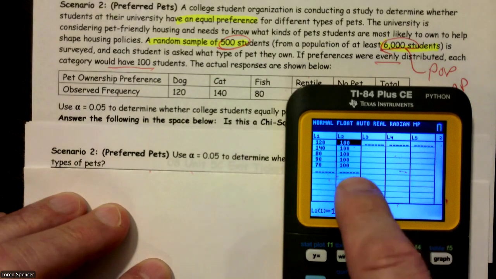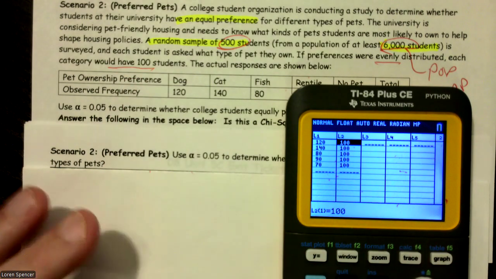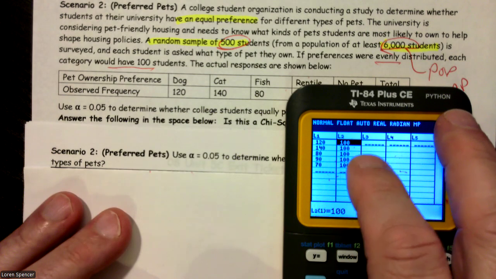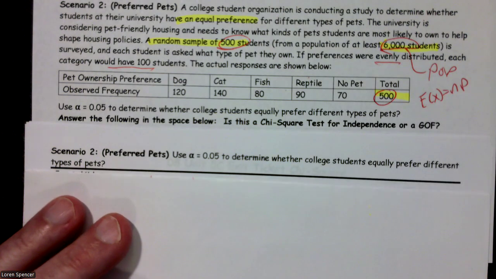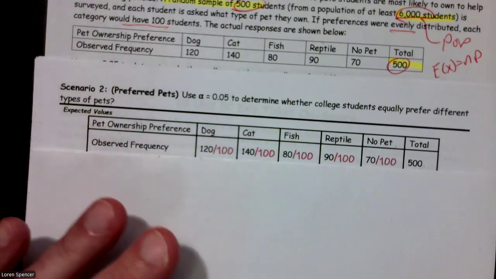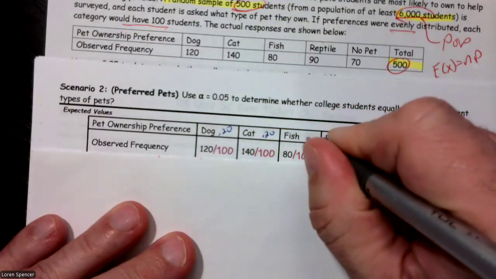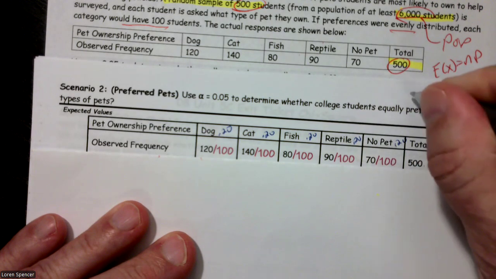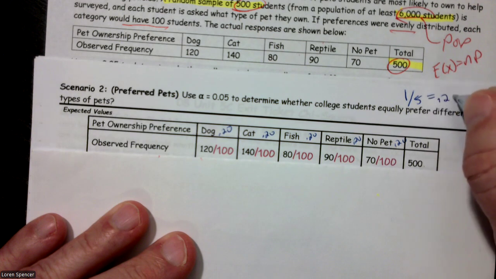When I do that, I get 100. We want 100 pets, not 100 people. So each one we expect to have 100. We expect 100 people who have dogs, and we expect 100 who don't have any pets at all. These were all 0.20, because we had one whole divided by 5.